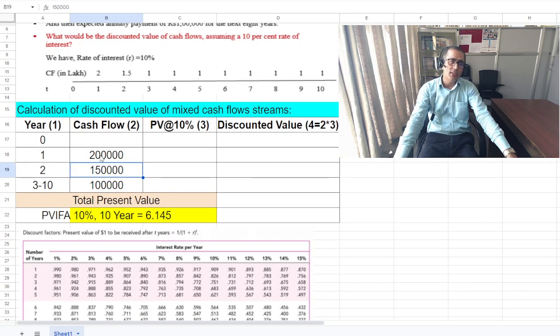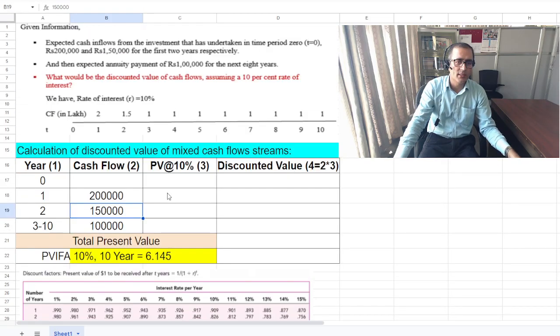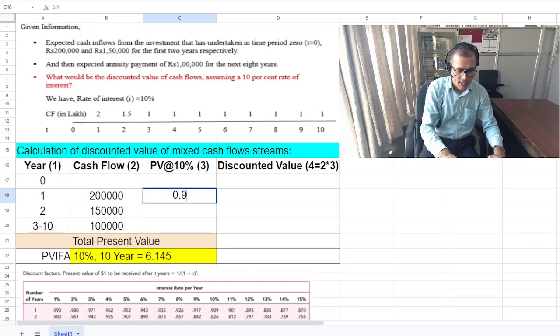Then how are you going to solve the question? Look at your cash flow. Then what about the PVIF factor at 10% for 1 year? Since the first year and second year are the case of uneven cash flow, we don't have equal cash flow. So look at your discount factor, the present value interest factor at 10%. The first year is 0.909.